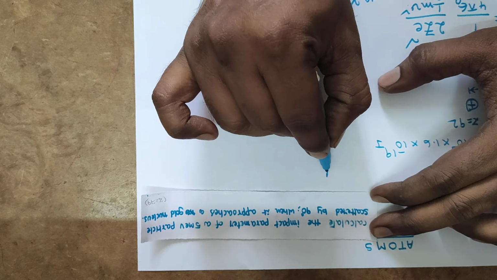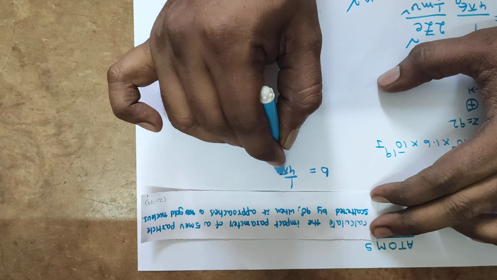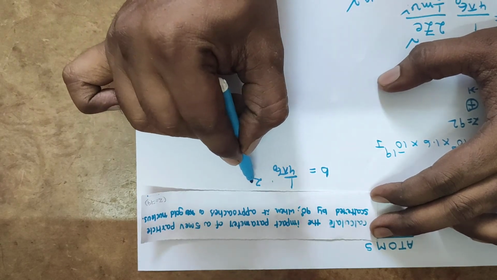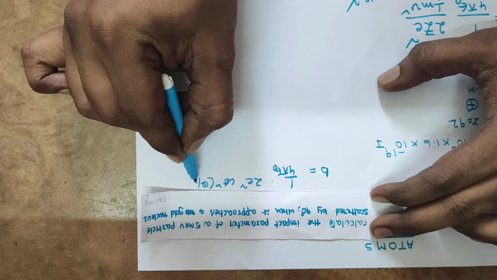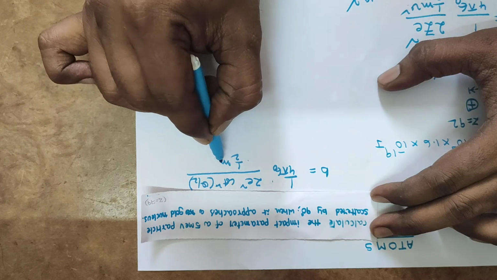Impact parameter b is equal to 1 by 4 pi epsilon naught into Ze square into cot of theta by 2, divided by half mv square.